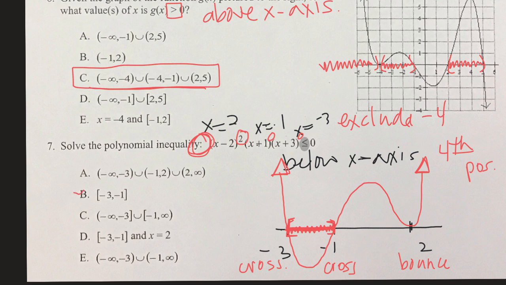Okay, so that's either B or D. And then it's also equal to, or it touches 0, right there at +2. So there are two places, one place where it's less than, right below the axis, and then one place where it's equal to. So the best answer for number 7 would be D, because x equals 2 is where it's equal. Right here, the graph touches the x-axis, so it's 0. The y value is 0 here.